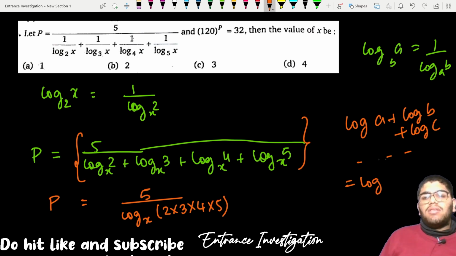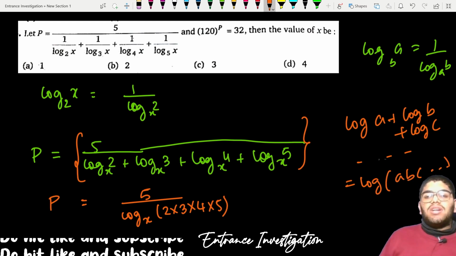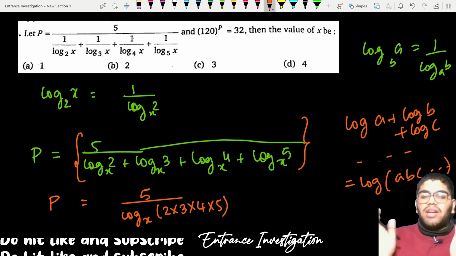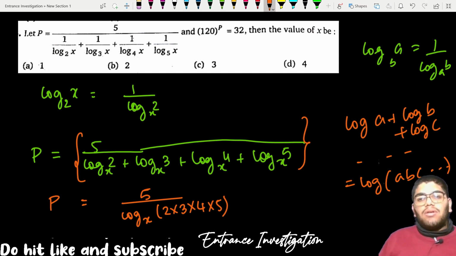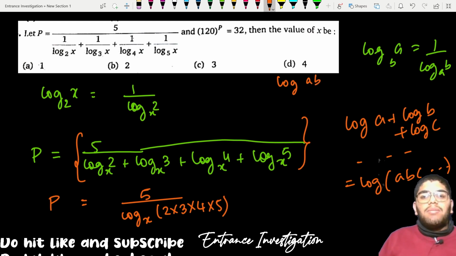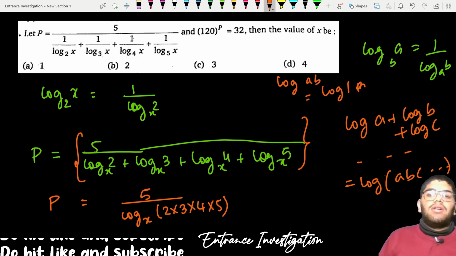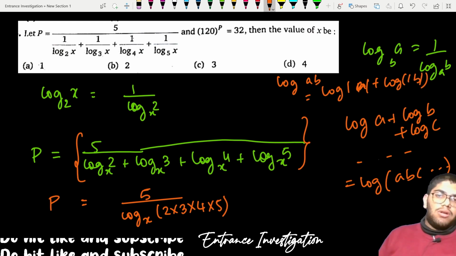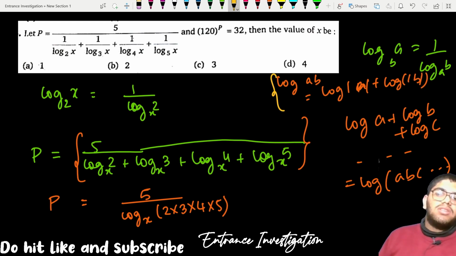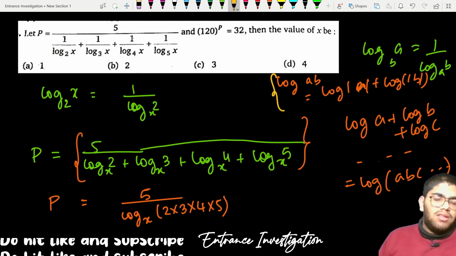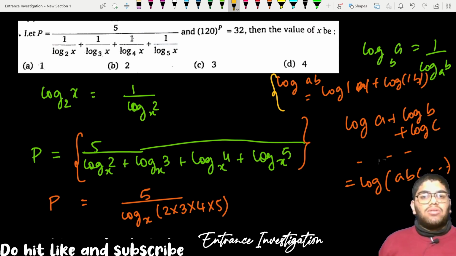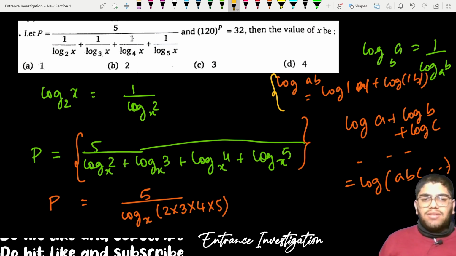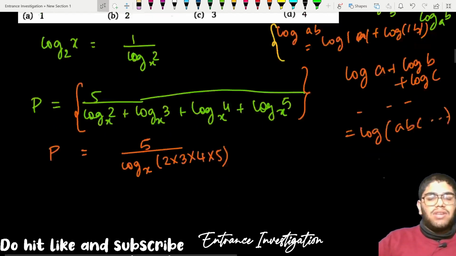This can be written as log abc and so on, provided either they are positive or we are taking the entire modulus, because log of ab is written as log mod a plus log mod b, just to assure that the logarithm is in its domain, so that the logarithm is defined. So these things are really trivial, these are very simple.